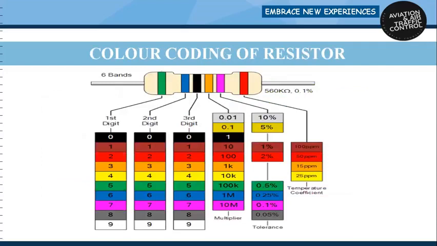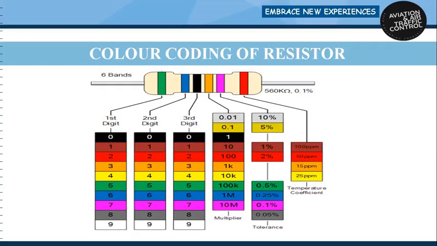Color codes. The current method of color coding of resistors is the band system. Here we have been given a 6 band system. Band number 1, 2 and 3 give the first 3 numbers of the resistor value.